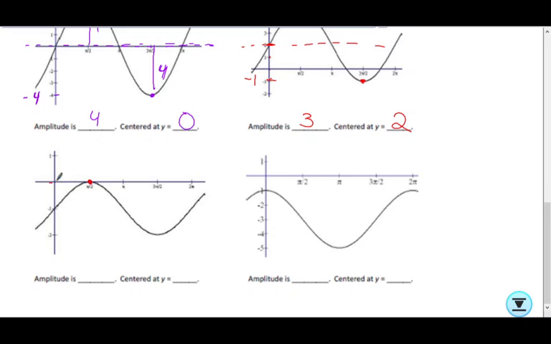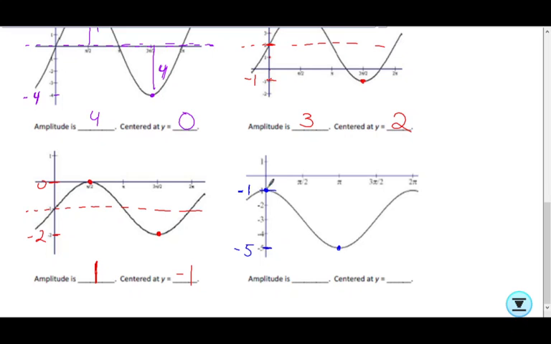All right, let's look at the next one. So here's our maximum right here at 0. Here's our minimum right here at negative 2. Our total distance is 2, which means my amplitude is 1. And my center is at negative 1, right here. And the last one is easy because this is our maximum here at negative 1. Our minimum here is at negative 5.